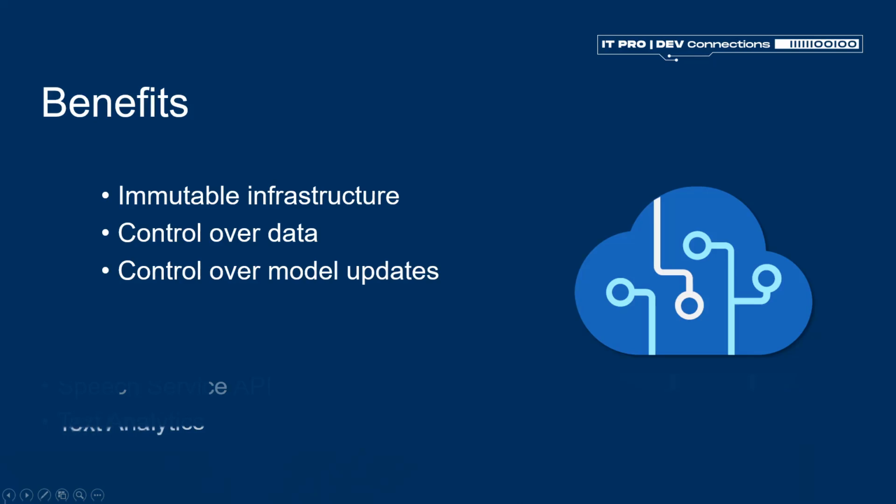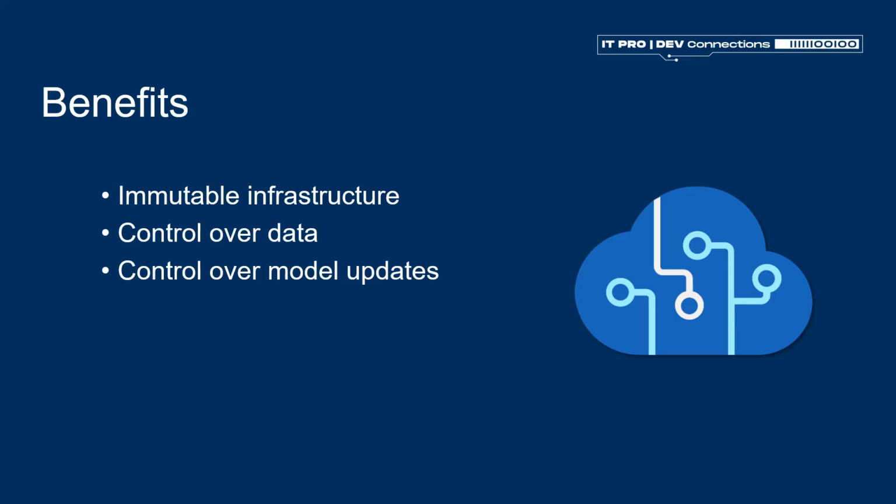One thing that is very important as a feature of using containers and images is that you have full control over model updates. So far in Azure, you don't have control over which version of the API is currently available. So there could be some cases where you have to change either your authentication or your model because Azure is updating its service to a newer version, which is very difficult when having large organizations with big workflows and a lot of processes in place.